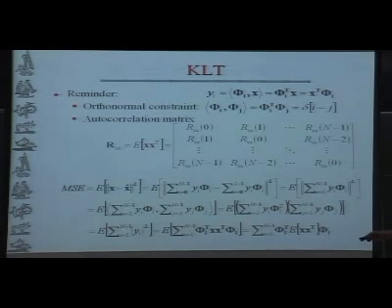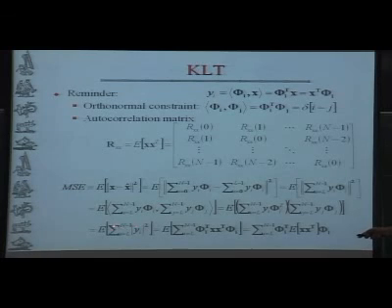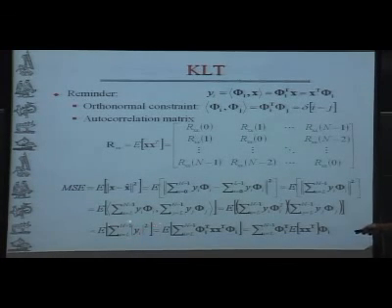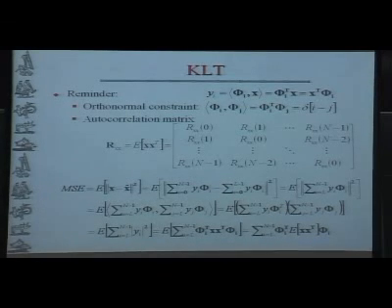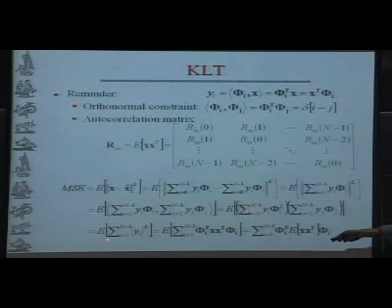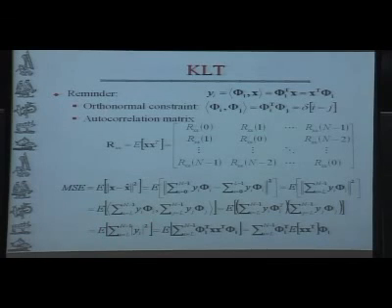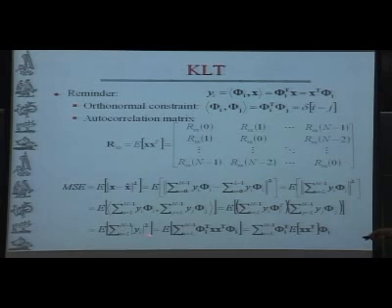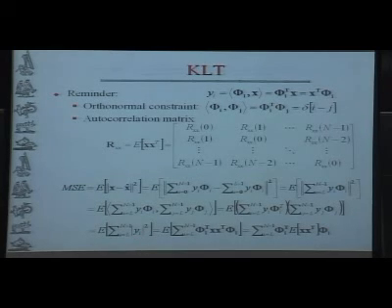So I only pick up the y_i terms. This is exactly what we expect: the mean square error is simply the energy of all the coefficients that you throw away. We just showed that the energy of the error in x is the same as the error in y, and in y we're throwing these away, so that's the error that we make.